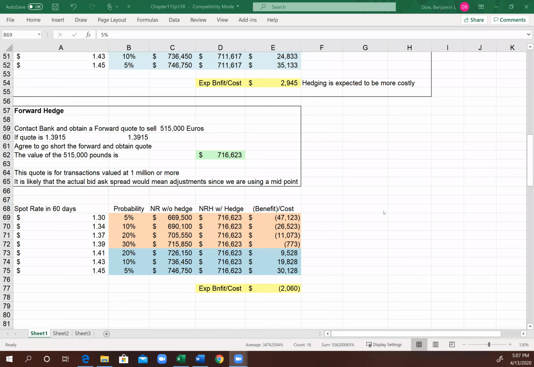And let's look at what a forward hedge would look like compared to our forecast. So if we look here compared to our forecast, with the forward hedge, notice the forward hedge, we're getting 716,623.